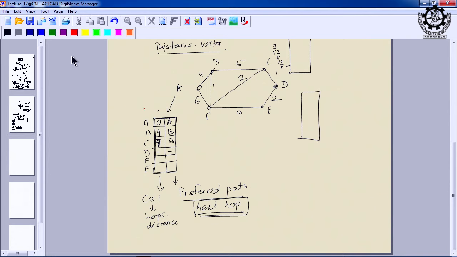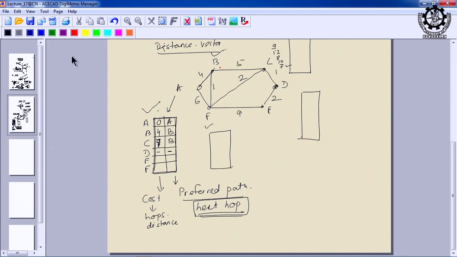Now, once A finalizes its table, what it does is exchange the table with its neighbors, and who are the neighbors? B and F, correct? And they already have their own tables existing with them.